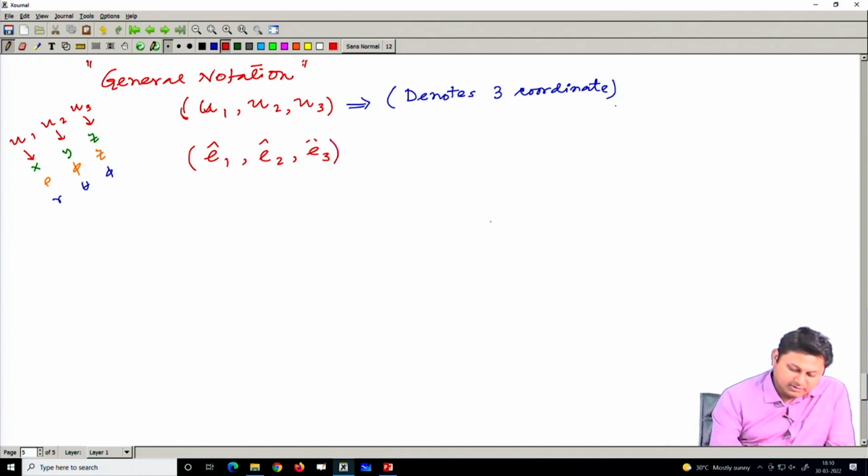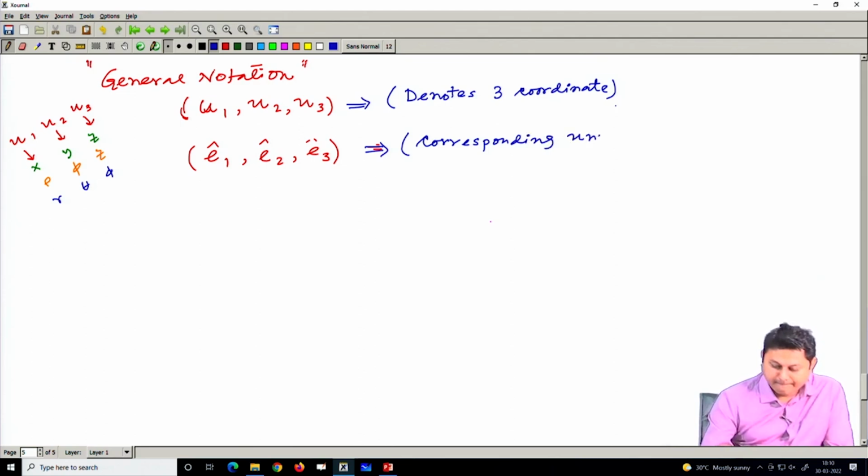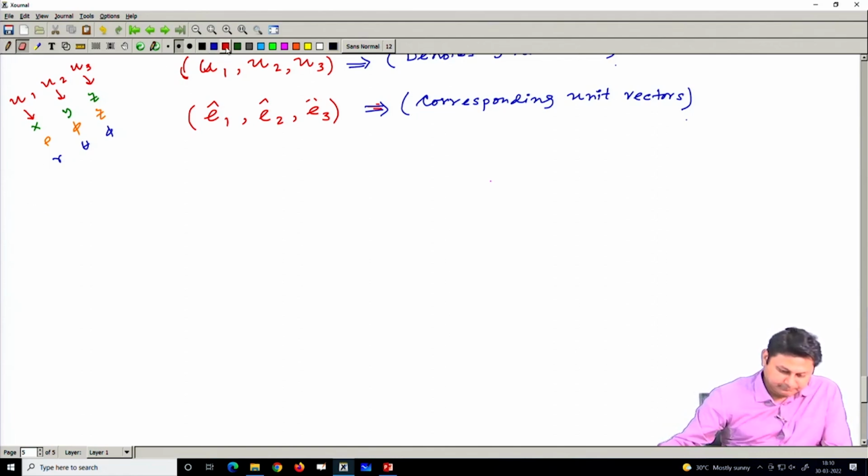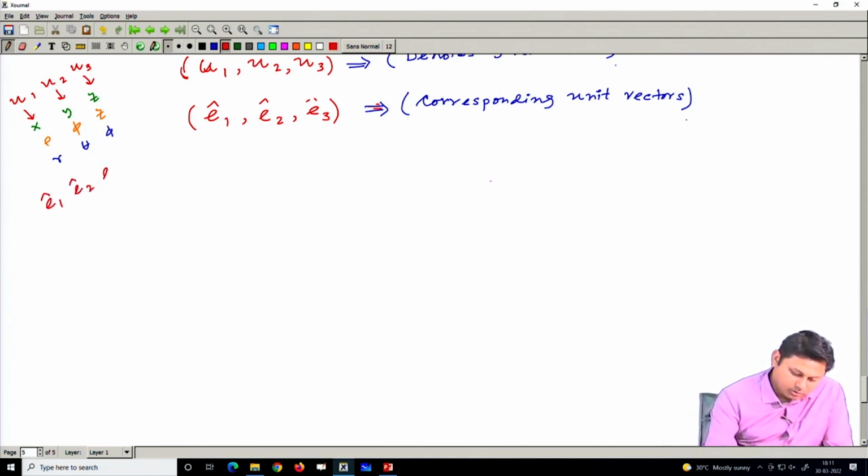This is the generalized way to write the unit vectors.